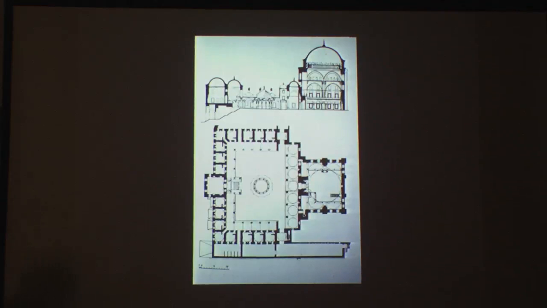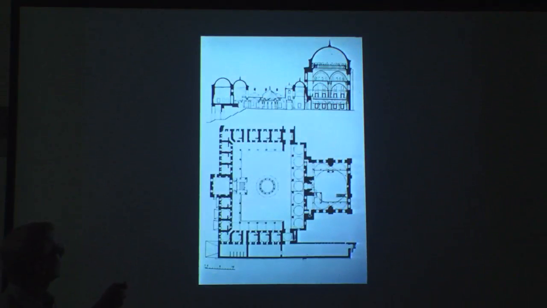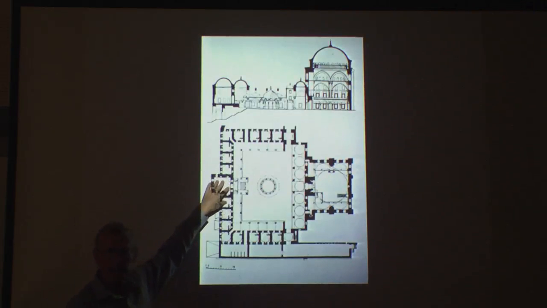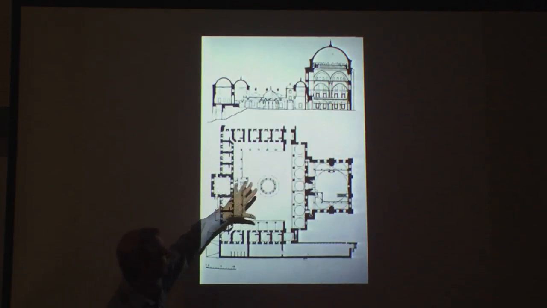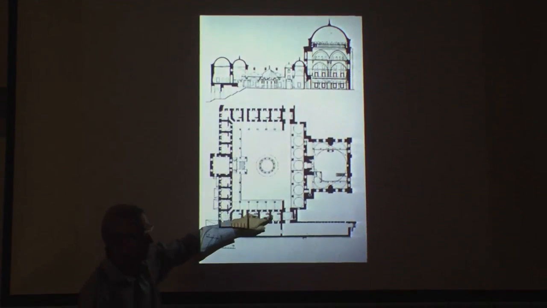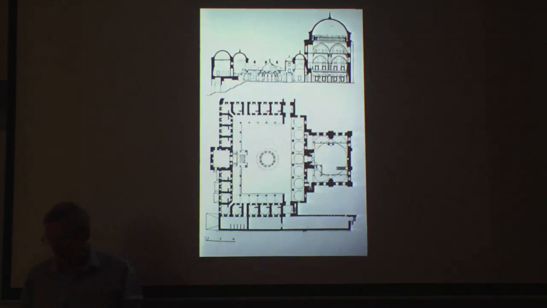And this is interesting because it's also built on the side of a very steep slope, and the main entrance, which is opposite the Qibla, is actually from a lower level. You have to go up steps and underneath a building which is actually the main lecture hall at the madrasa. This is a combination where you have the mosque here, and then you have cells around three sides of the courtyard with the lecture hall above this entrance that is part of the madrasa complex.